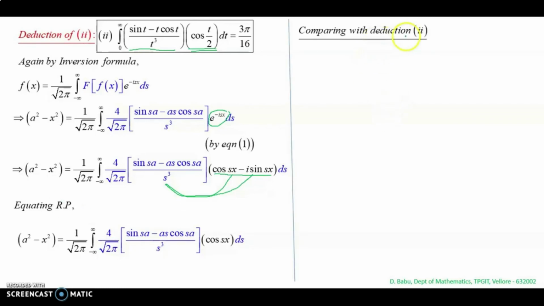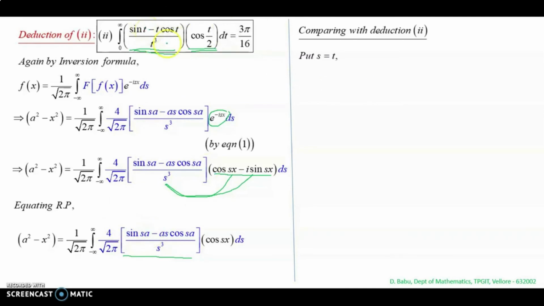Now comparing this with deduction 2. First compare this bracketed term with that bracketed term. Here the denominator term is s cube, there it is t cube. Therefore we have to substitute s equal to t. So when s equal to t, the numerator is sin ta, and there it is sin t.